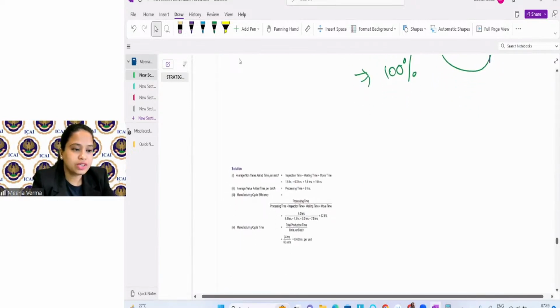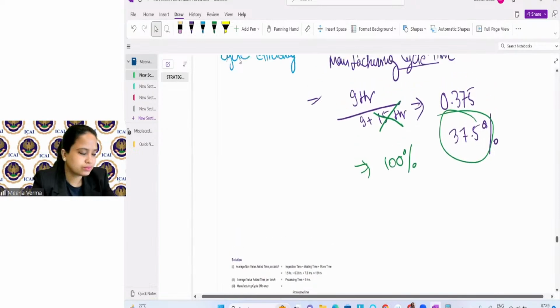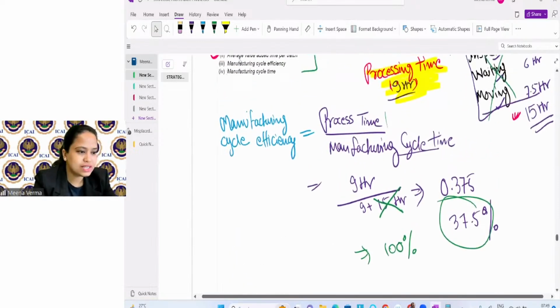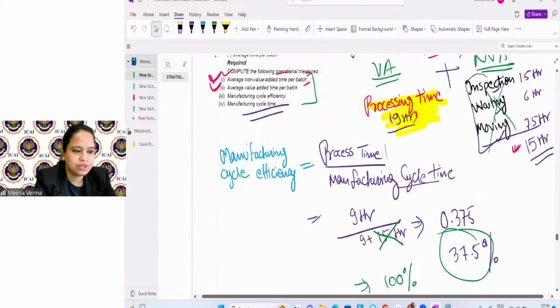Okay, done. One more thing is left. What is manufacturing cycle time here? One more point. We have learned about the manufacturing cycle efficiency, right?